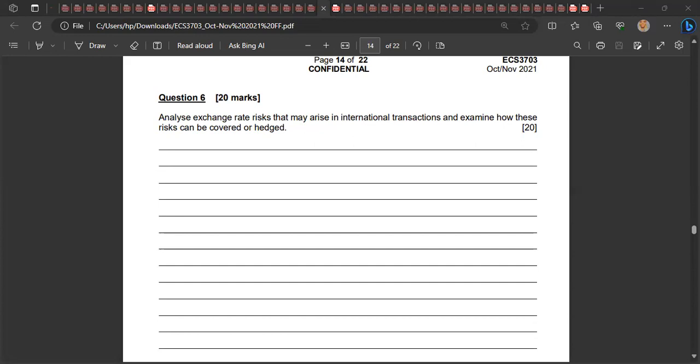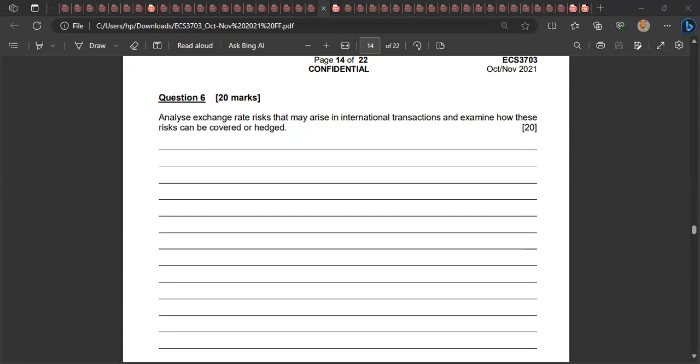And then money market hedges also. I think they normally go into detail with these when you are doing your postgrad and what have you.